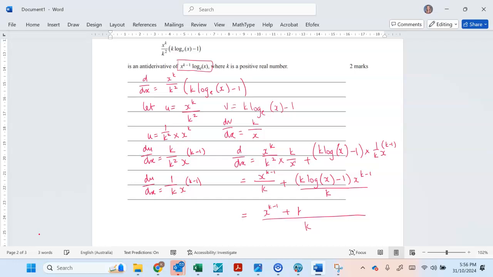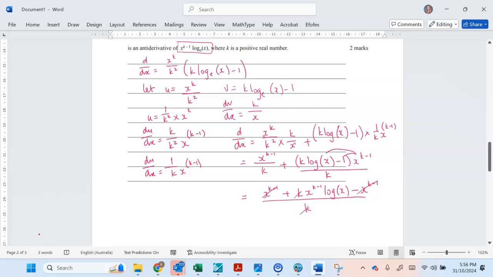All right, so we've got k x^(k minus 1) log x minus x^(k minus 1). So I've just multiplied this by both terms inside that bracket. All right, so they cancel out now, and then that k cancels out with that k. And then that's what we wanted, yay, so exciting. All right, lots of working out there, and I've got my little e there, that's okay, I wouldn't probably be penalised for that.